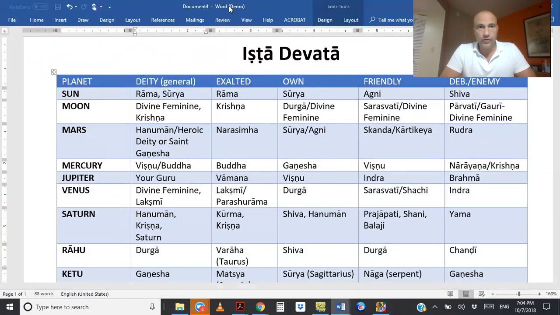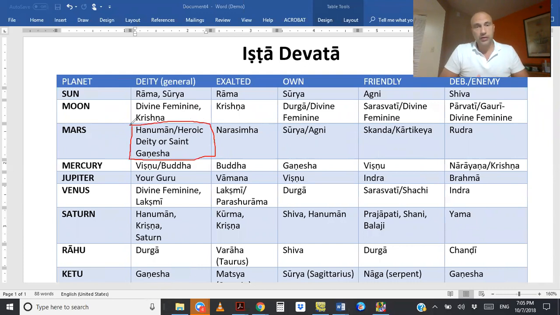So, for example, for Mars, we have, generally speaking, a number of quote-unquote deities to choose from. But what if the person is Christian? Then here you want to take the qualities of Mars, which are heroism, self-sacrifice, generosity. So is there a saint in the Christian tradition who embodies these qualities?